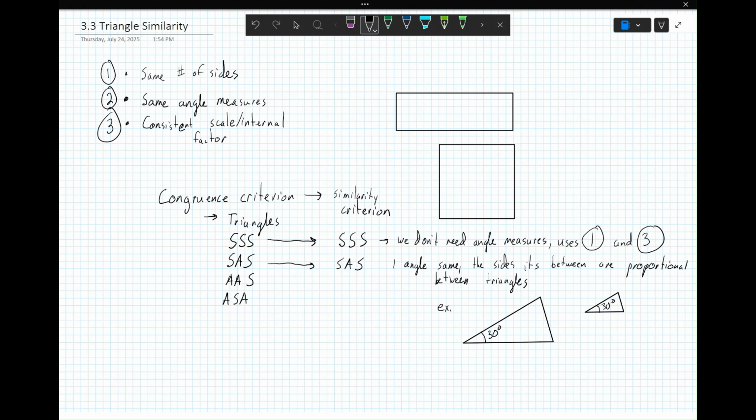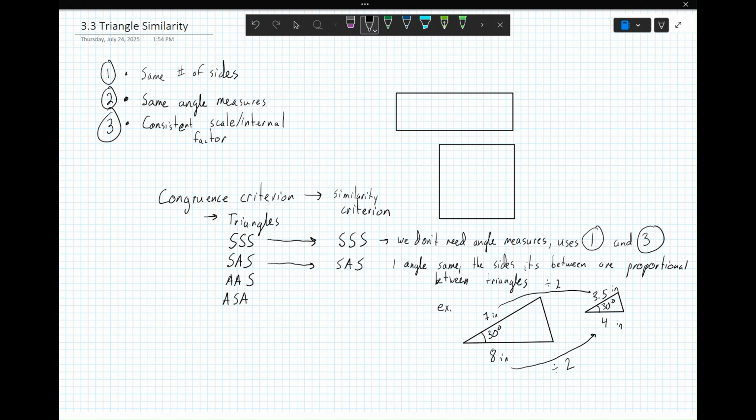I'm just going to kind of eyeball it. Let's say this one is 7 inches and this one is 8 inches. If this one is 3.5 inches and this one is 4 inches, so we have a consistent scale factor only with those two sides. That's enough information. The third side will be forced to have the same side length.